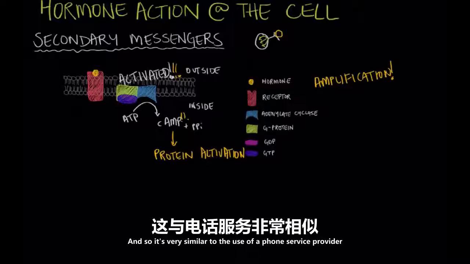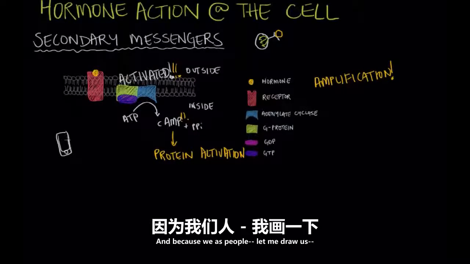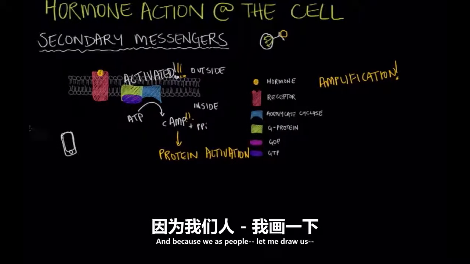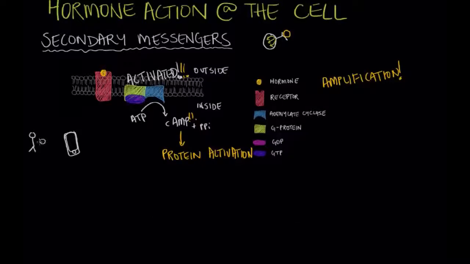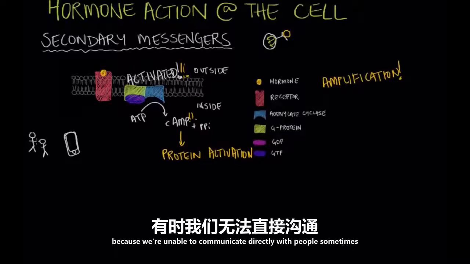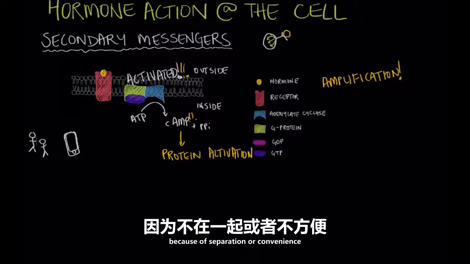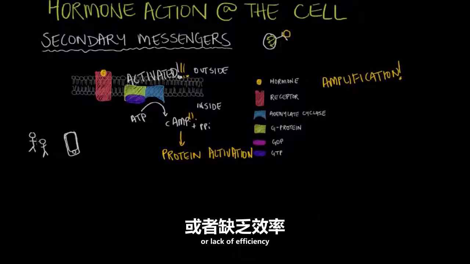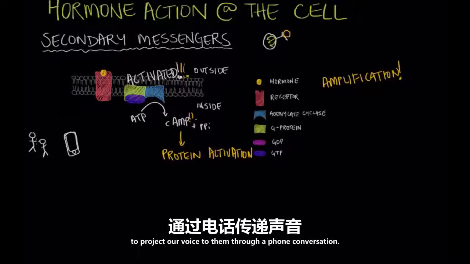And so it's very similar to the use of a phone service provider. Because we as people, let me draw us, because we're unable to communicate directly with people sometimes because of separation or convenience or lack of efficiency, we use a phone service to project our voice to them through a phone conversation.